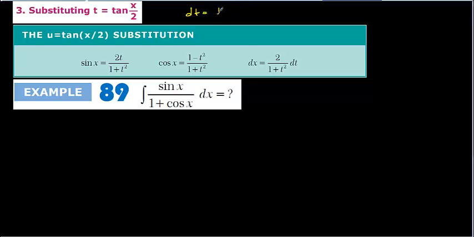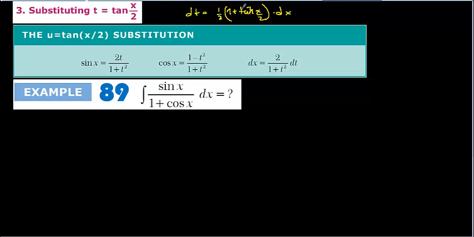Here on this side you are going to have dt, and the derivative of tangent x over 2 is equal to 1 over 2 times 1 plus tangent squared x over 2 times dx. 1 over 2 is the derivative of x over 2, by the way, let me tell you.